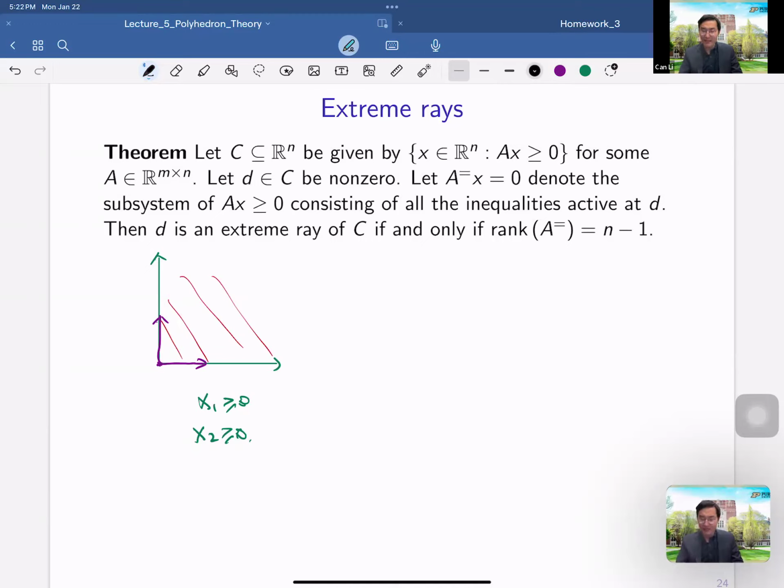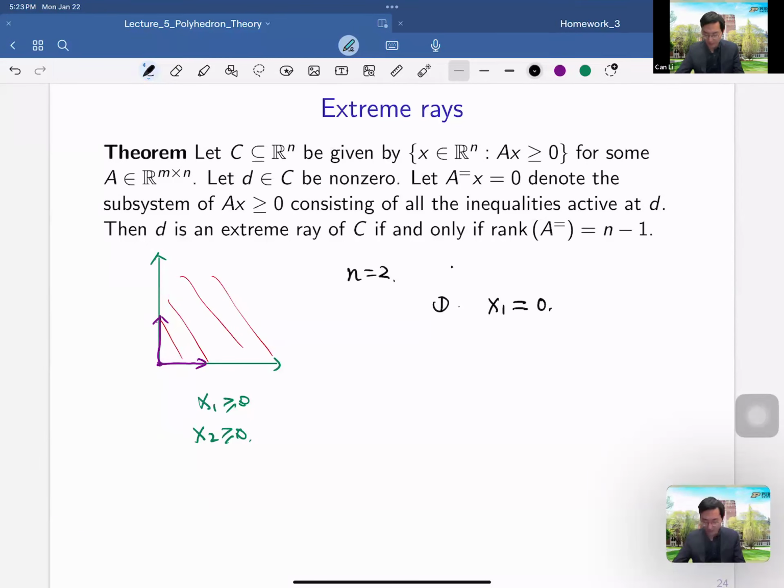First of all, let's realize that we are in 2D, right? So n is equal to 2, and n minus 1 is 1. So we only need to pick one active constraint, right? So let's first pick the first active constraint. In other words, the first extreme ray is derived from x1 equal to 0.